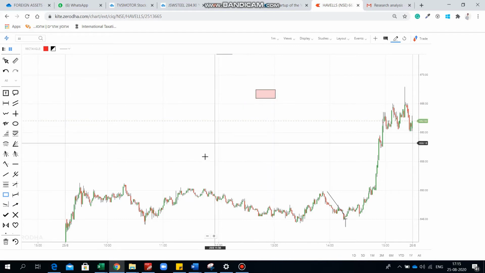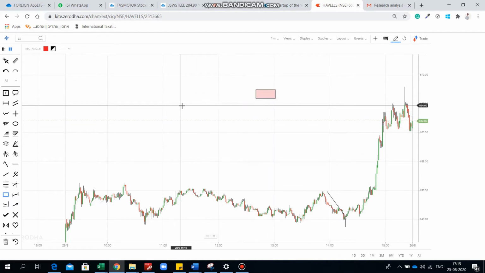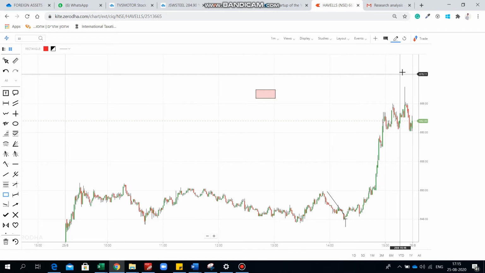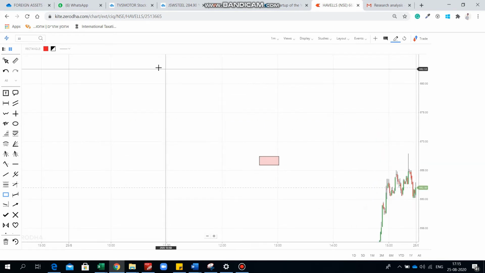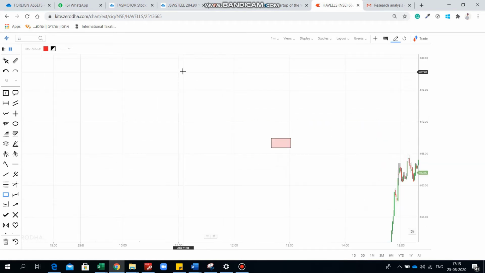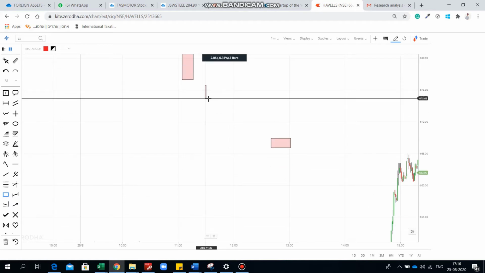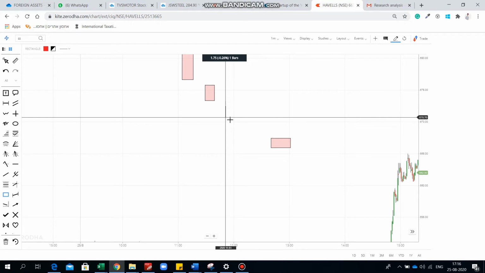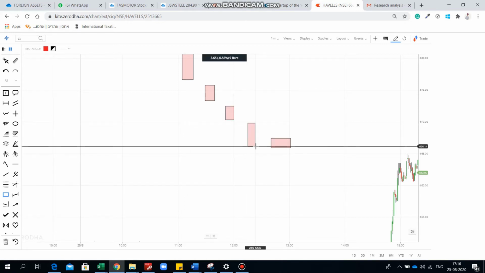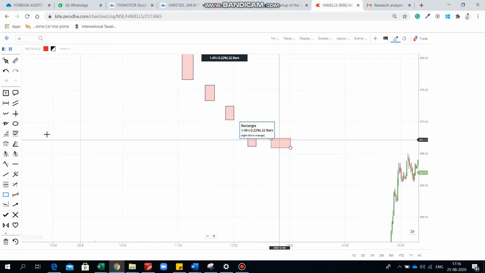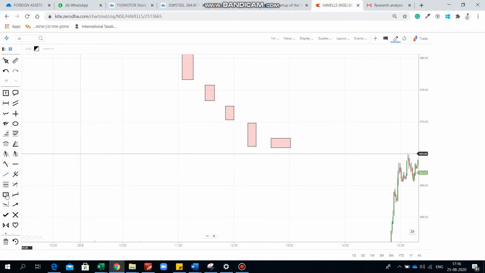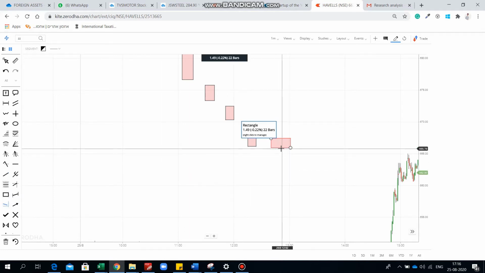Assuming that previously there was a good downtrend, this formed a hammer candle.